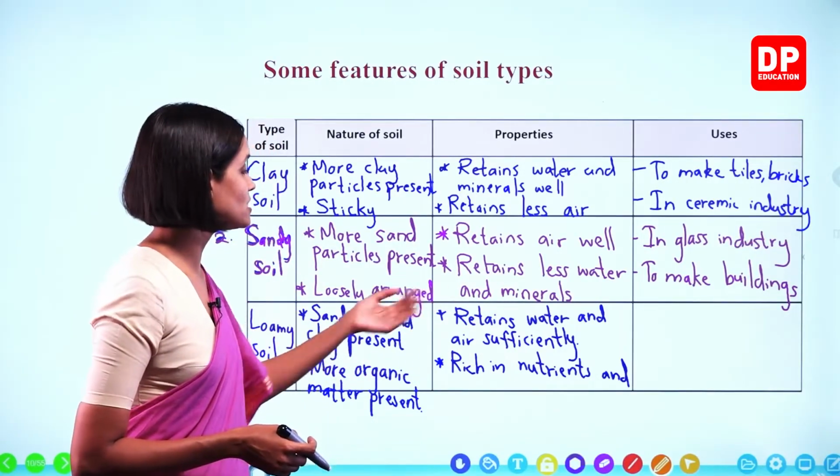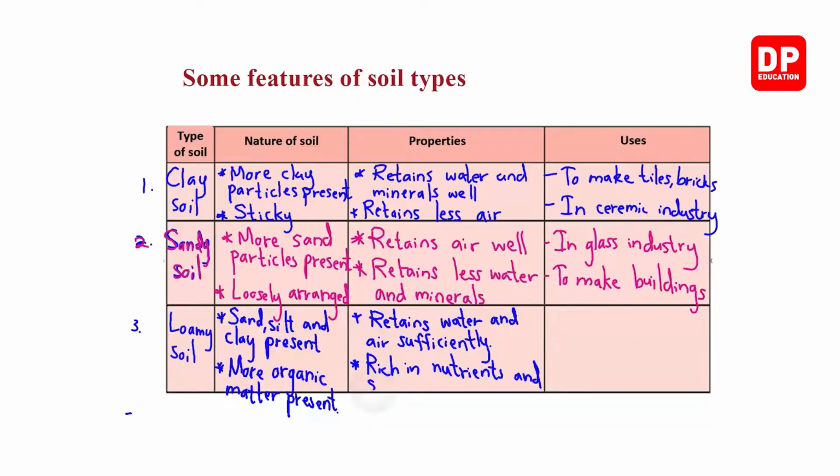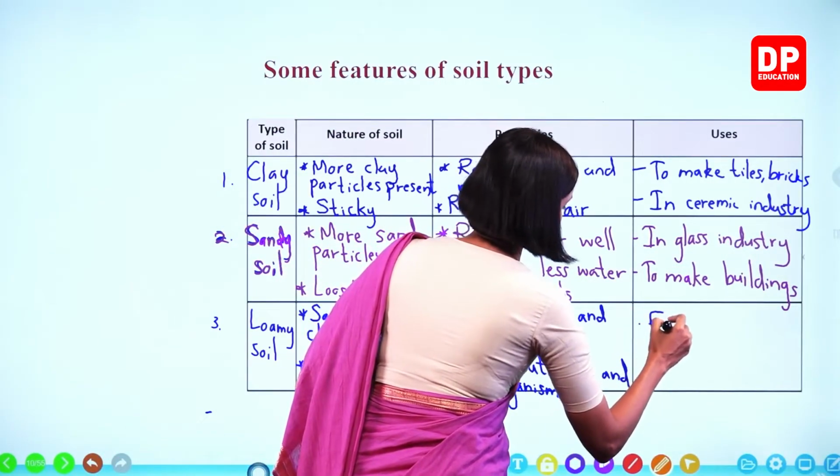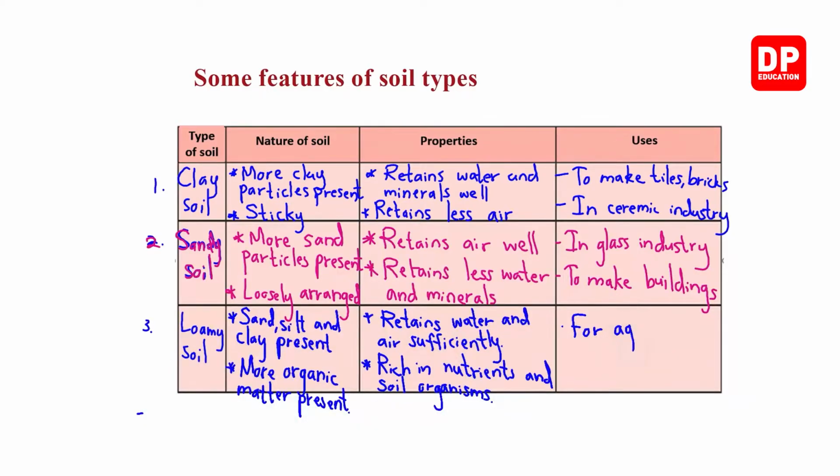Right? So, rich in nutrients and soil organisms. Okay? So, uses: mainly used for agriculture. For agriculture. Right. Okay.